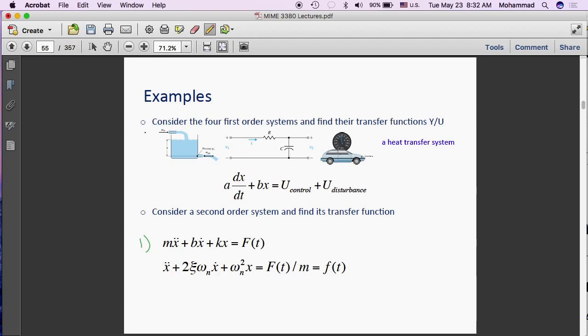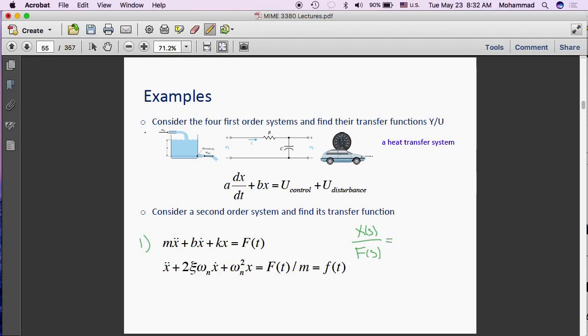So take equation 1 into Laplace domain and form the transfer function between input f of t, which appears as f of s when it's in Laplace domain, and output x of s.